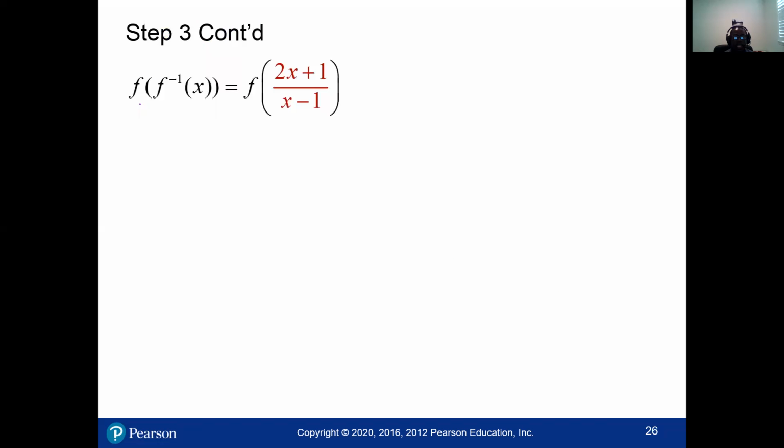Now we compose the f with the inverse. Again, what is the f of x? F of x was x plus 1 over x minus 2. Okay, making sure x plus 1 over x minus 2. So wherever we see the x, we plug in this whole expression there.